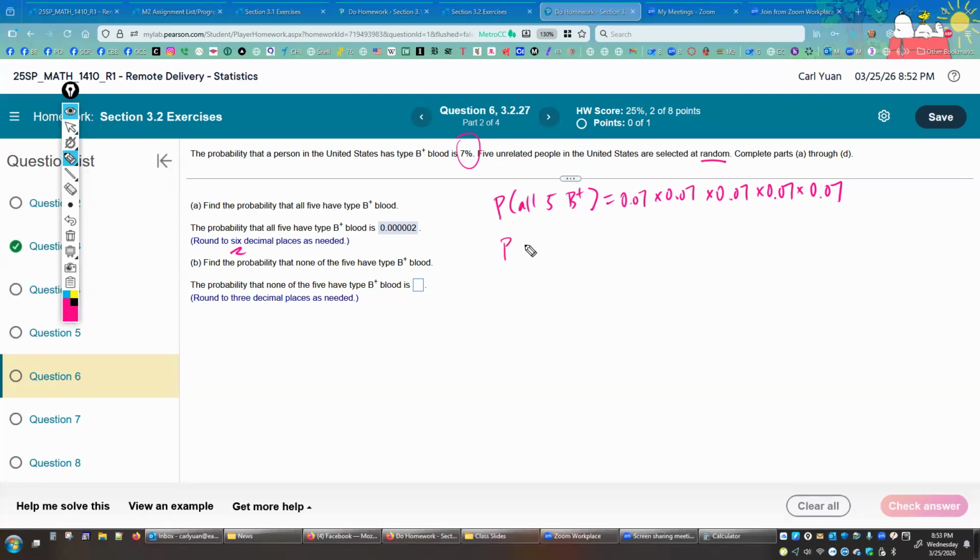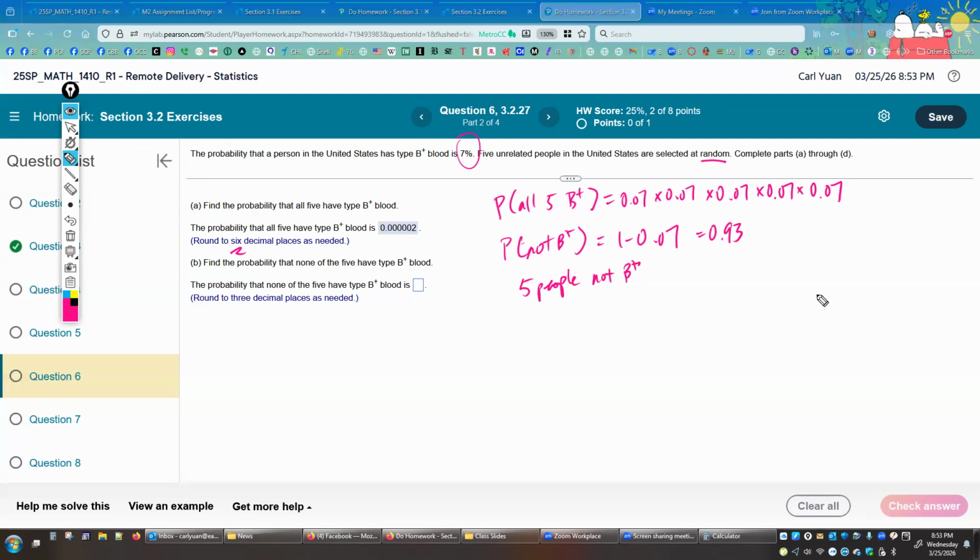Not B plus would be 1 minus 0.07, which is 0.93. So for 5 people, 5 people not B plus would be 0.93 times 0.93 times 0.93 times 0.93 times 0.93.